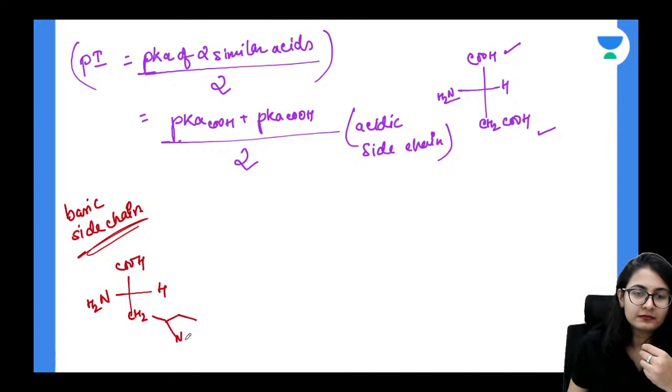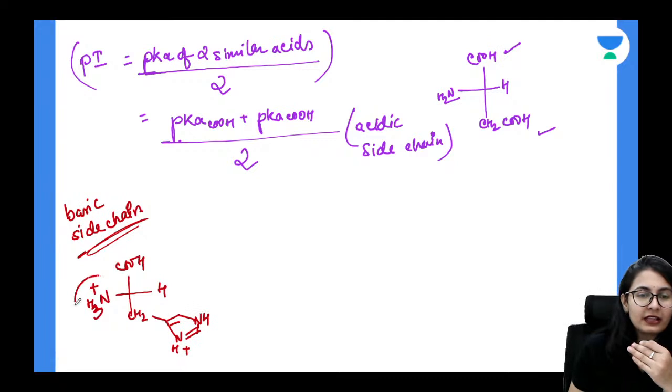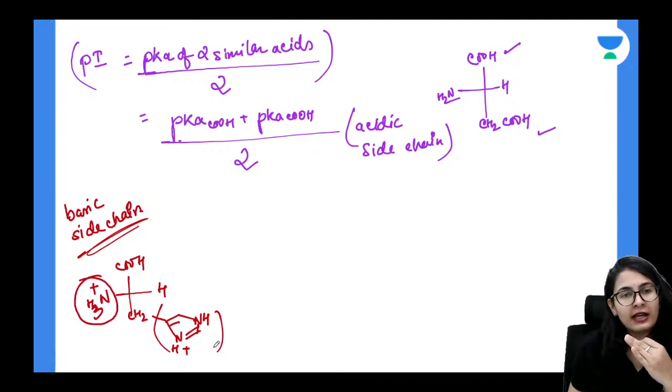Now see what will happen, guys: in the histidine molecule, let's say I'm considering the fully protonated form. There are two similar acids. What are those two similar acids? One is this ammonium. This is also another ammonium ion.